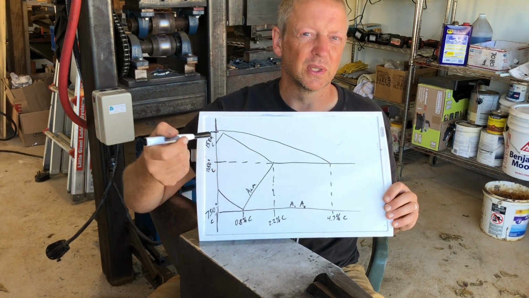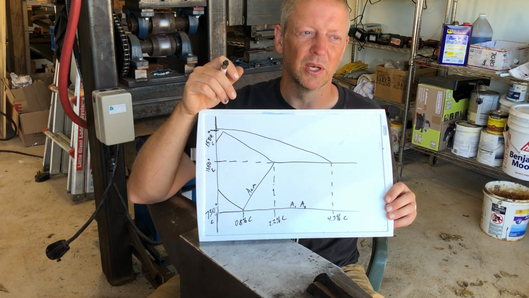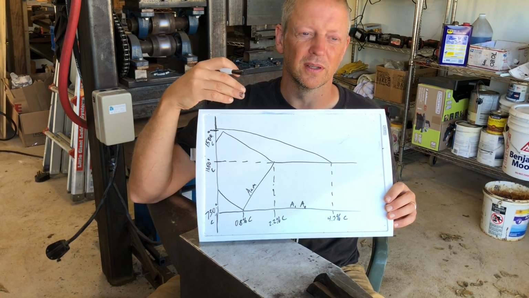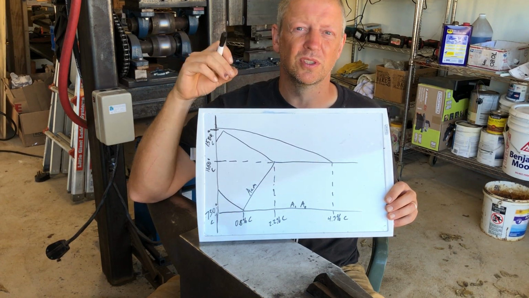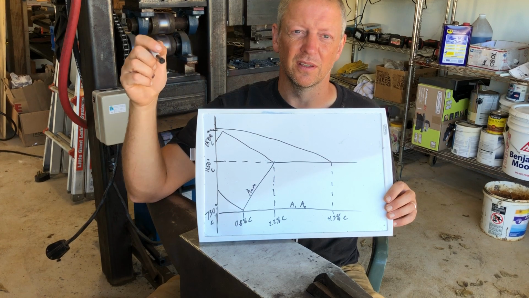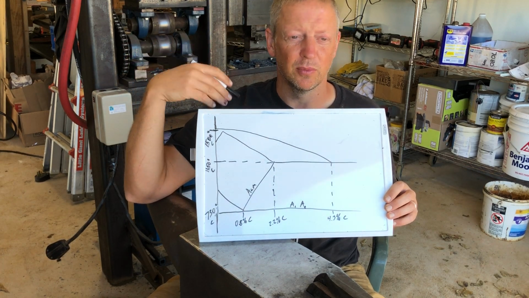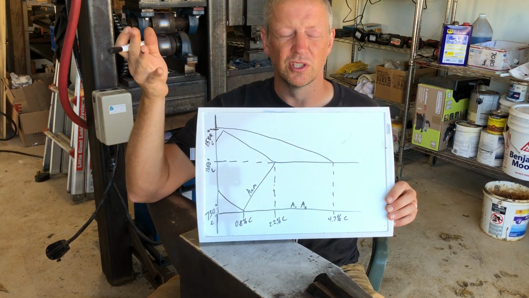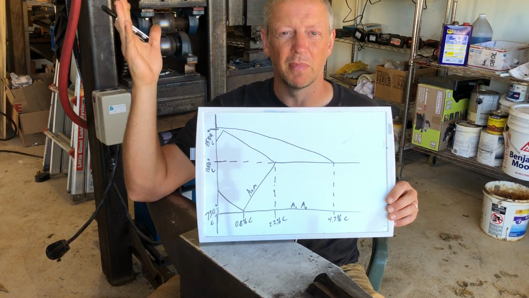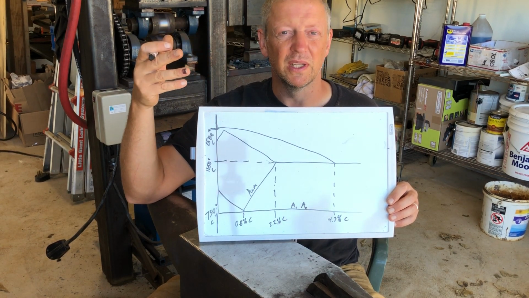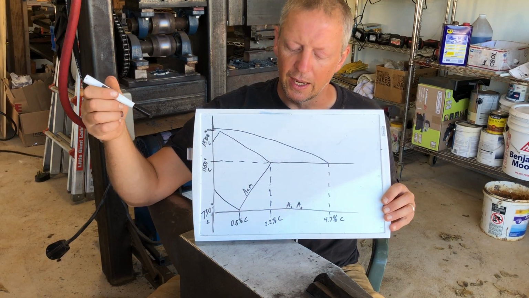And that is because carbon wants to exist really only in two different states in steel. It would either like to be in solution, so dissolved, sort of like putting sugar into water, stir it up, bam, it dissolves. So that would be in solution.